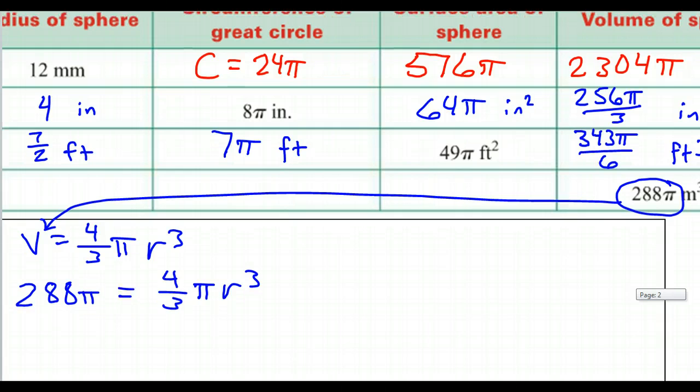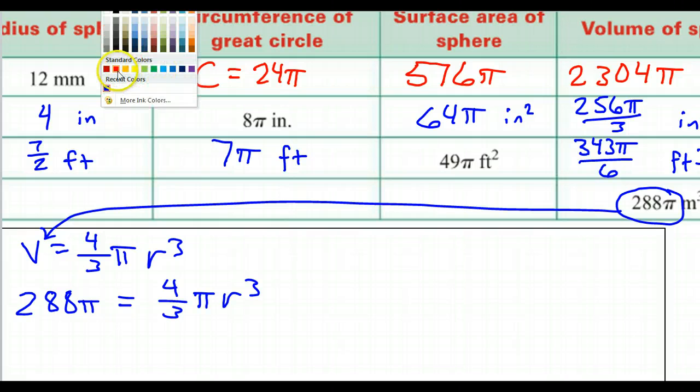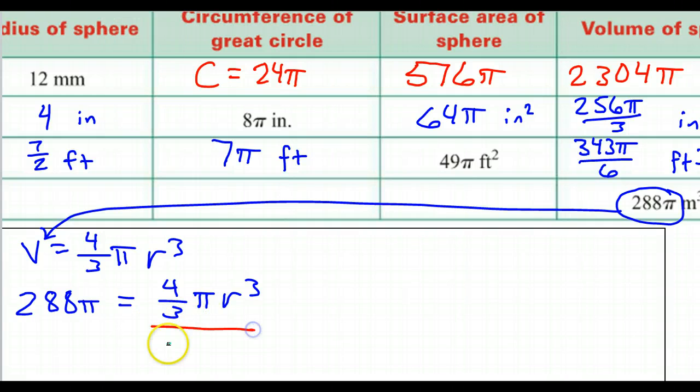So this is all about typing it properly into your calculator. So to get r by itself, we need to divide both sides by 4/3 pi. So these are going to cancel each other out, and these will cancel out, and these pi's are going to cancel out.